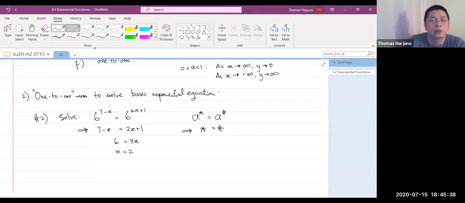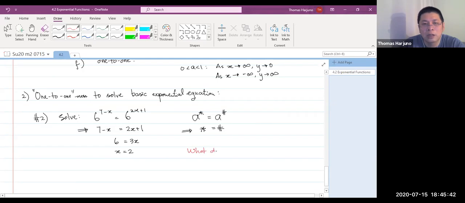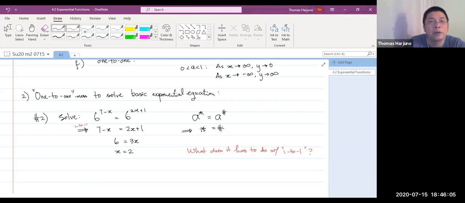But you may wonder, what does it have to do with one-to-one? This is where the one-to-oneness happens. That's where we use it. Notice that the phenomenon is not always doable.